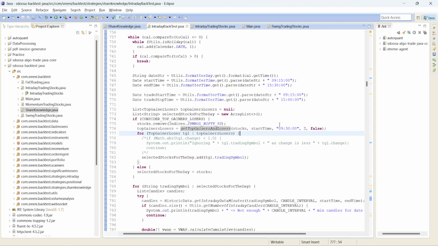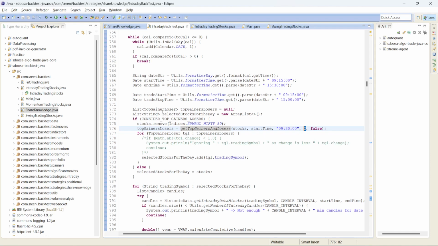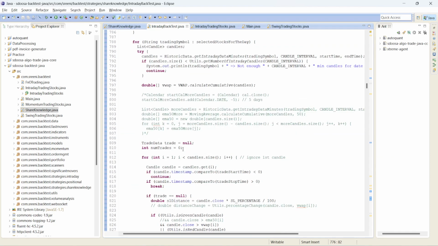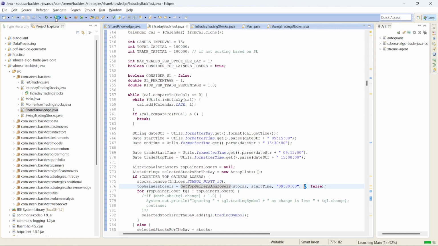So to calculate top gainers and losers, we calculate with respect to 9:30. After the first 15 minutes, we calculate what are the top gainers and top losers, and we select only 2 top gainers and 2 top losers. The rest of the logic is the same as iteration 1. Let me run the backtest now.